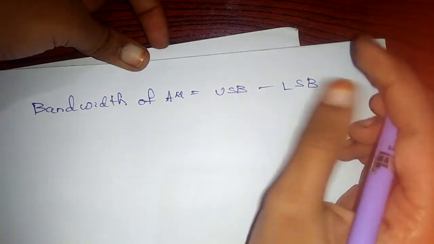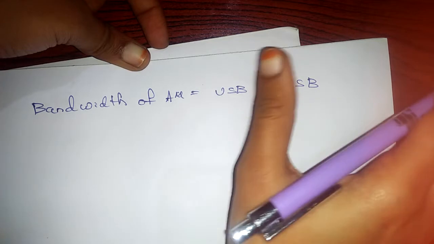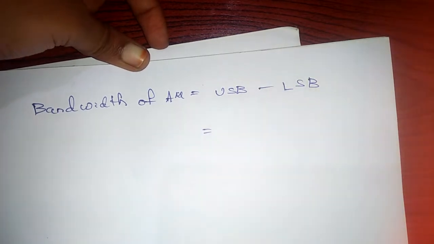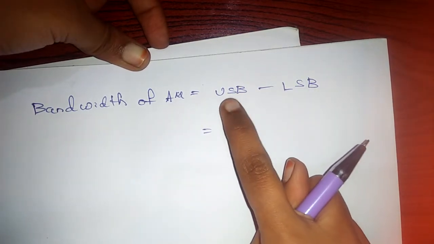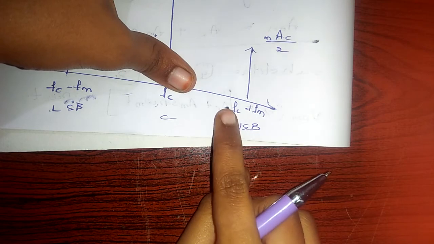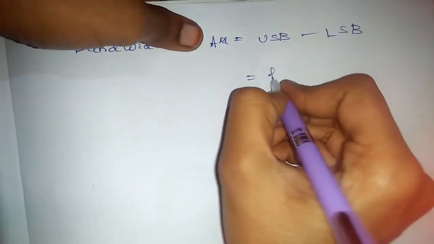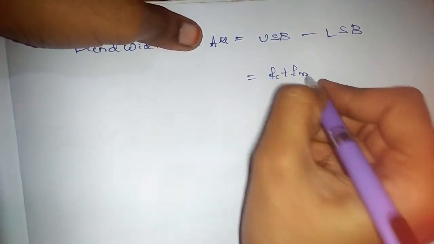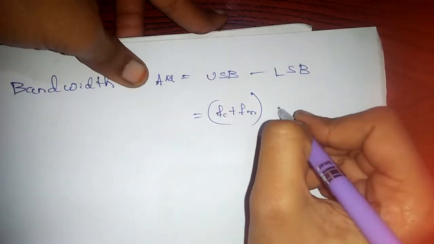I am telling the frequency differences only. So what are the frequencies that we are having in the USB? In the upper sideband we are having the frequency FC plus FM.